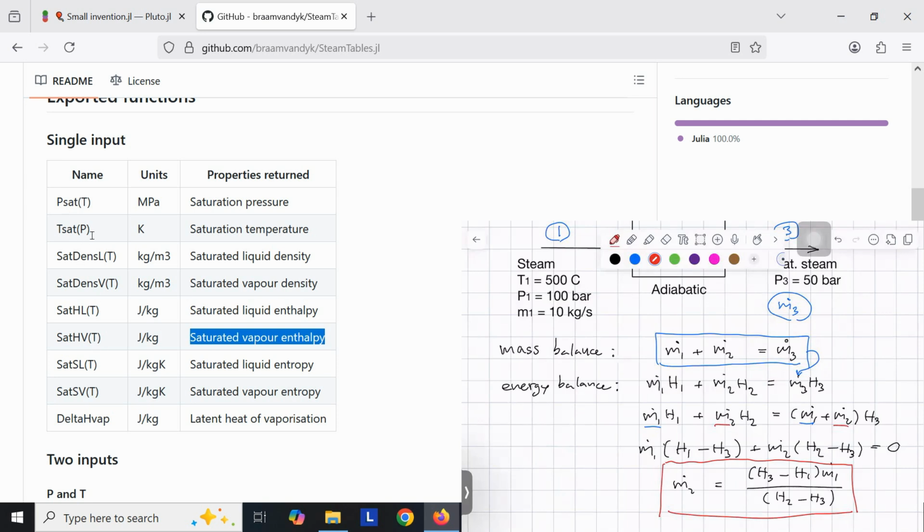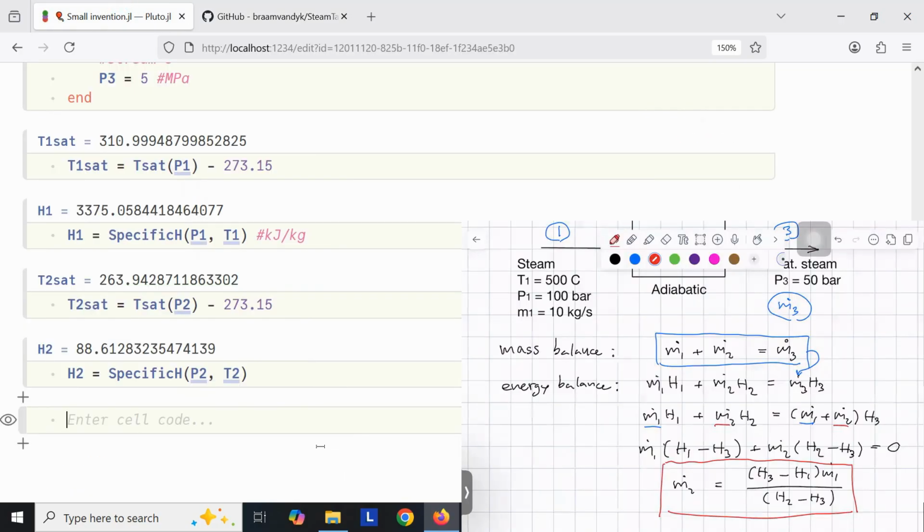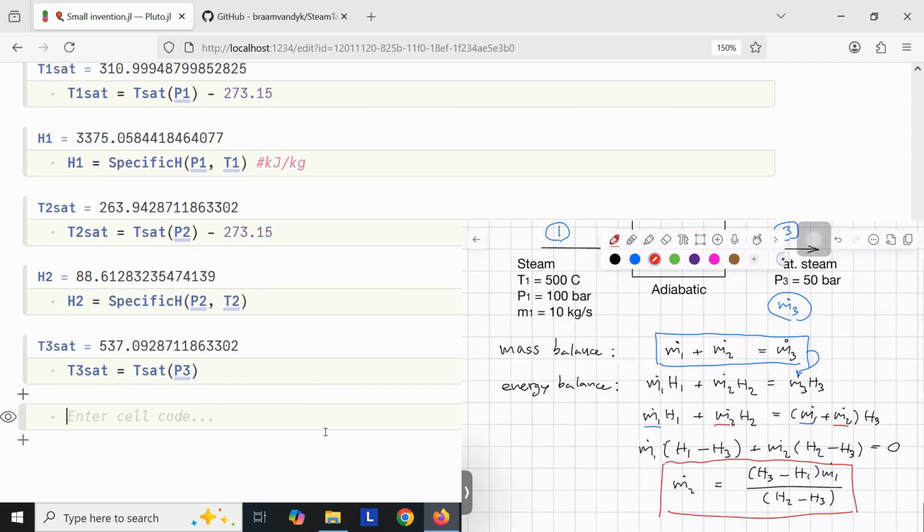Since we know pressure P3, we don't know temperature T3. We need to find temperature first using this command. So T3sat is basically tsat of pressure P3. I can execute the command.